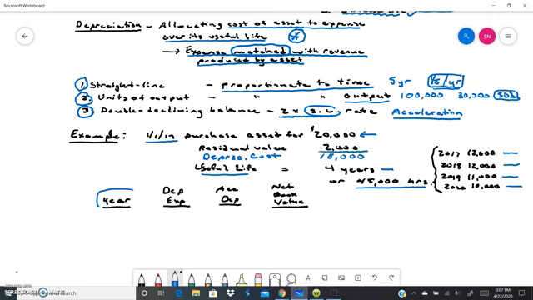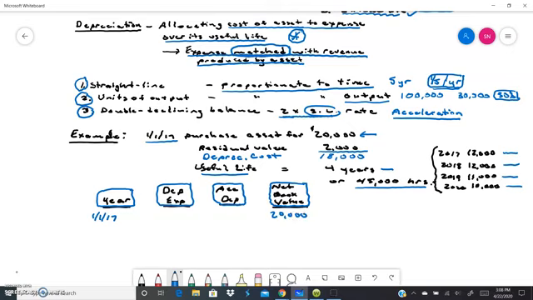So we're going to have the year, the depreciation expense for that year, the balance of accumulated depreciation, which is just the running balance of depreciation expense, and then the net book value, which is simply the total cost of $20,000 minus the accumulated depreciation balance. So on the day we purchased the asset on 1/1/17, we're going to have a value of that asset of $20,000.